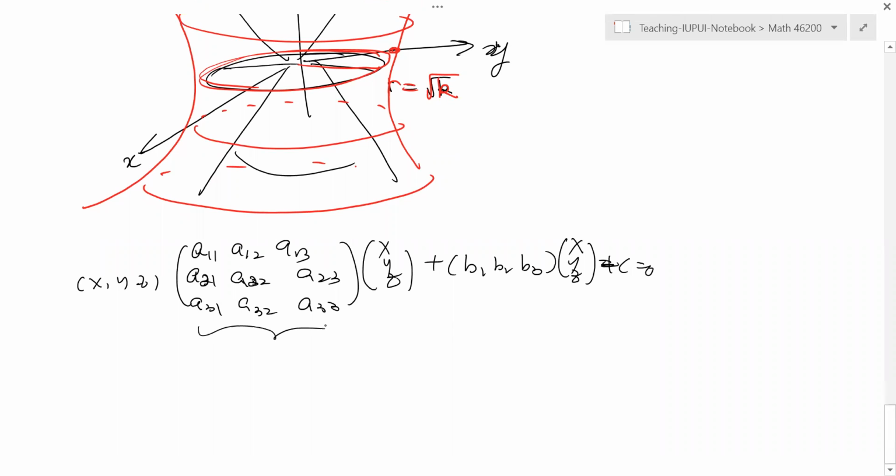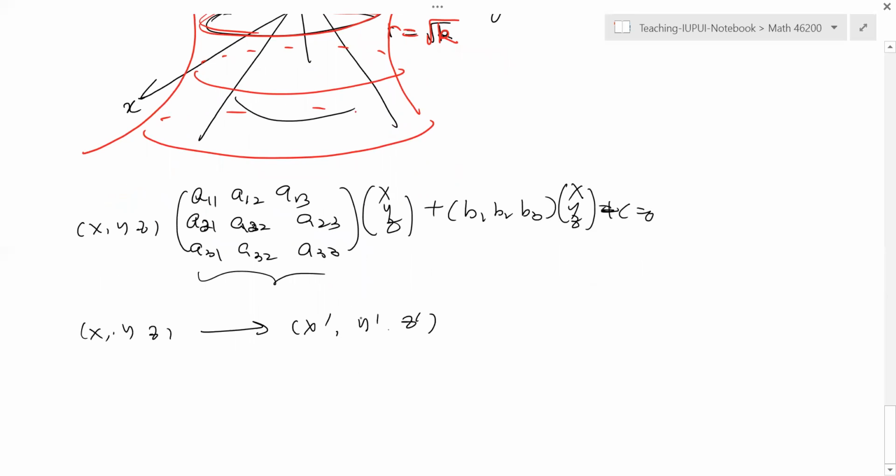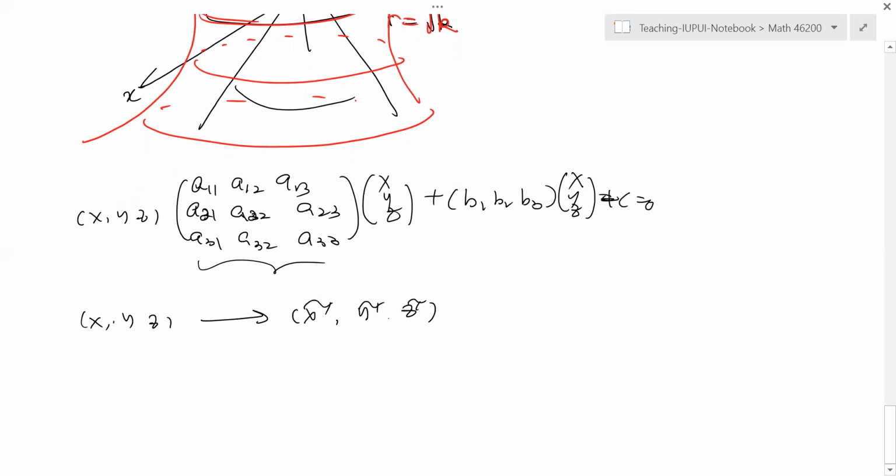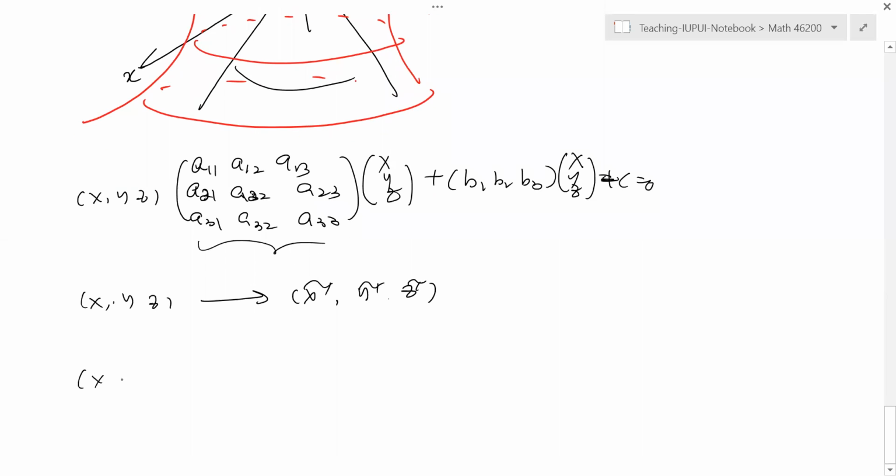Eventually, you can diagonalize this matrix. Okay? And if the eigenvalues of this matrix are lambda 1, lambda 2, lambda 3, you can find a linear transformation to x prime, y prime, z prime, okay? Let's use a tilde. Such that this linear transformation, okay? Such that the above equation is simplified to this.